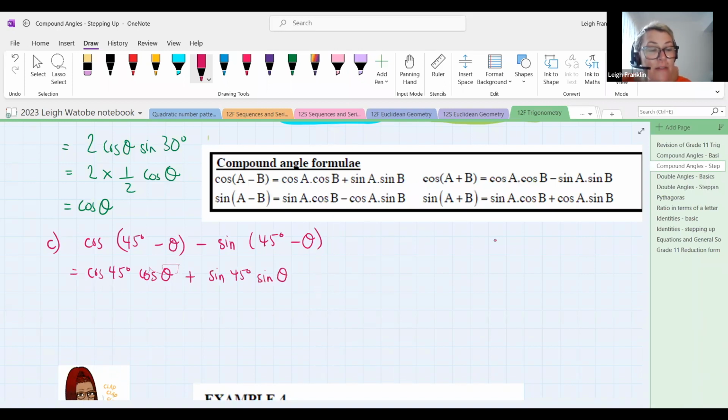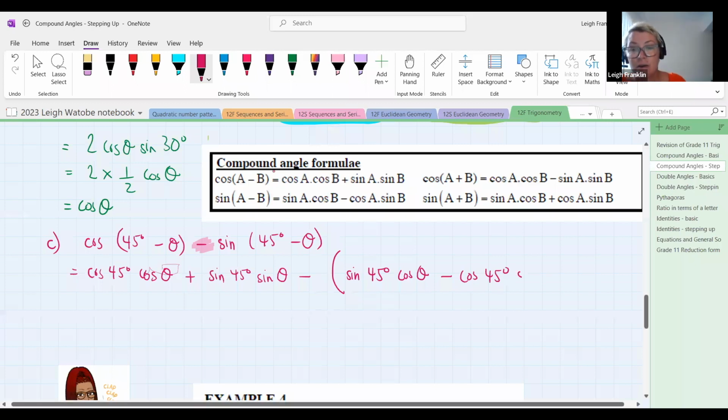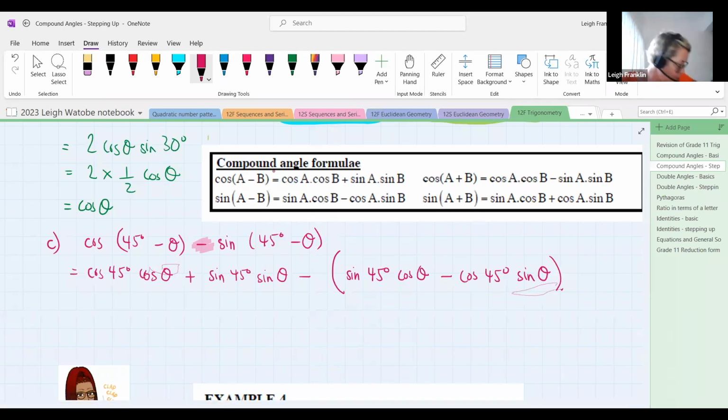Okay, then again, there's that dreaded minus that we need to be so very, very careful of. Brackets. And now we've got sine 45 cos theta. Sine keeps its sign, so minus cos 45 sine theta.